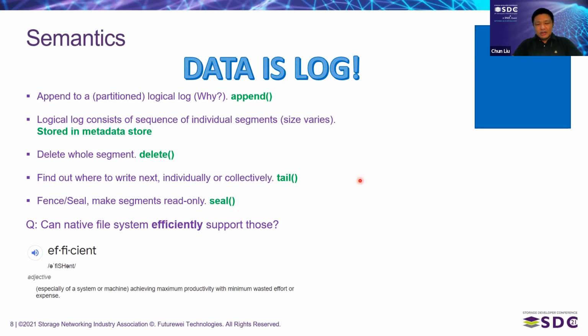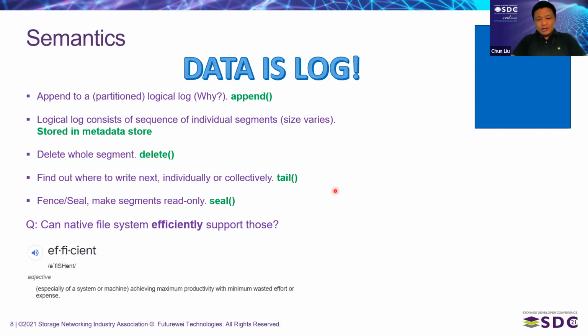Number four, we always need to find a way to know where to write next. So this is the tail function, either individually or collectively. Number five, by using fence or seal, we can make the active segment read-only, thus gracefully handling takeovers. See where I'm going now, right?